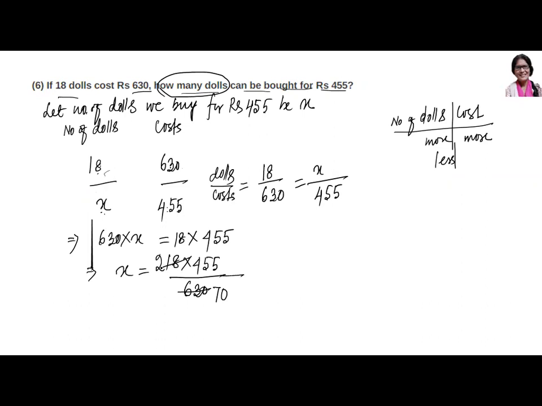Next I'm cancelling with 2, it will be 35. So I got 455 upon 35. I can cancel with 5. 5 nines are 45, 5 ones are 5. 5 sevens are 35. Then 91 upon 7. You know it is 13. 13 sevens are 91. So x is equal to 13.